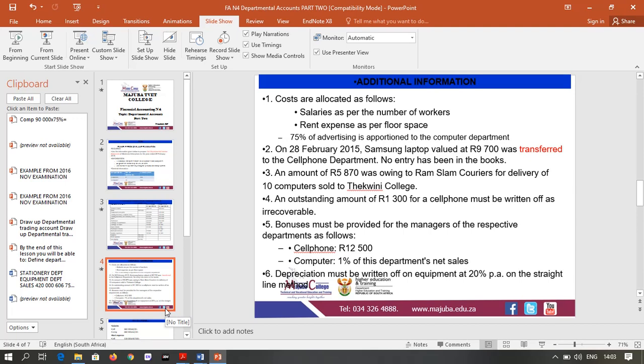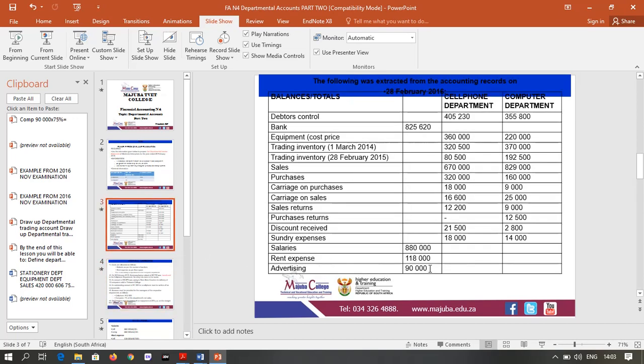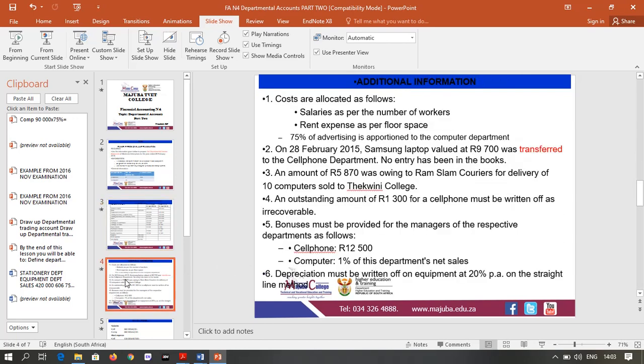The additional information says the costs are allocated as follows. The salary is 880,000. On this additional information, they are telling us how these salaries are paid per department.